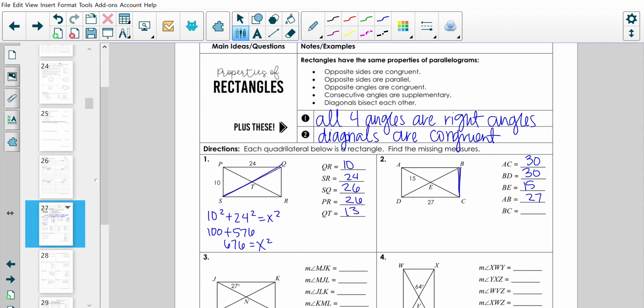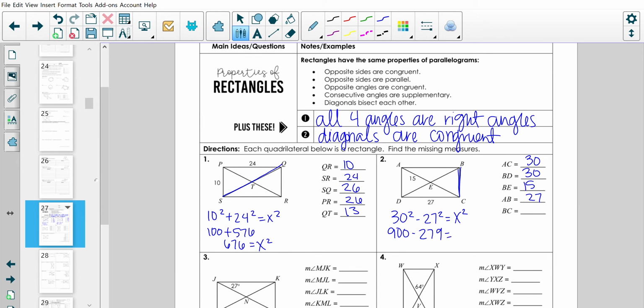30 squared. What's 30 squared? 900. And 27 squared is 729.